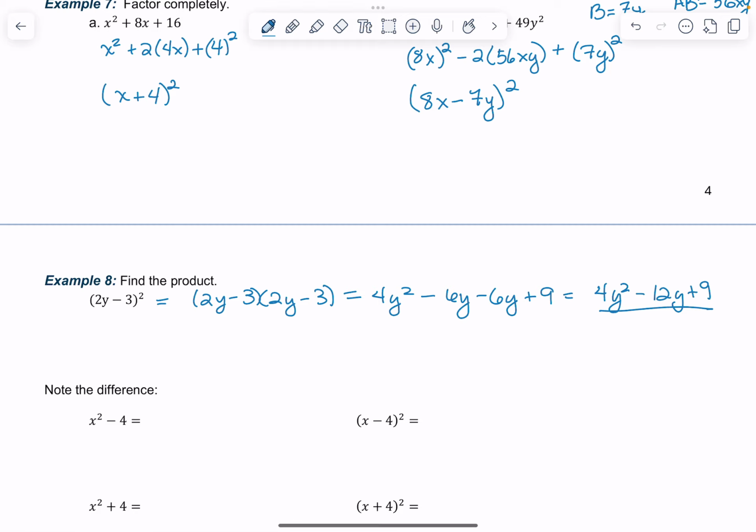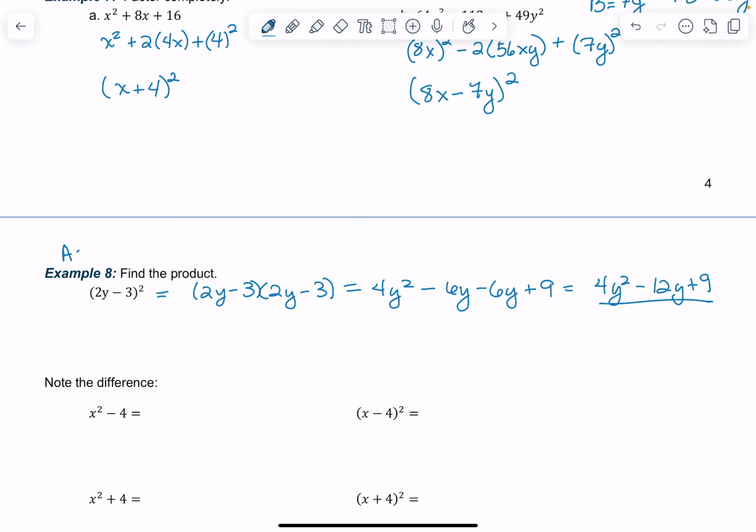The alternative is I can say that a is equal to 2y and b is equal to 3. And so what I'm going to get there is, again, remember that a minus b squared is equal to a squared minus 2ab plus b squared. So I can just write it out.